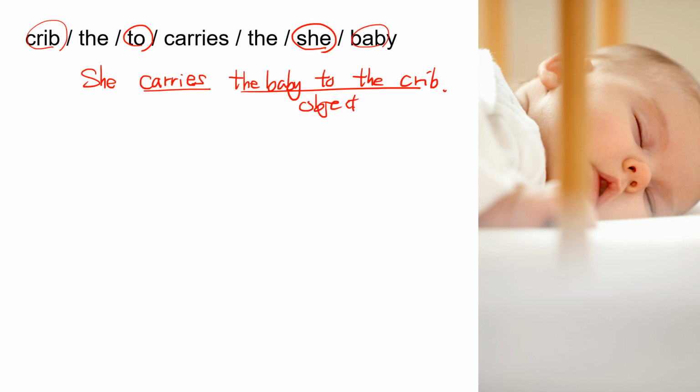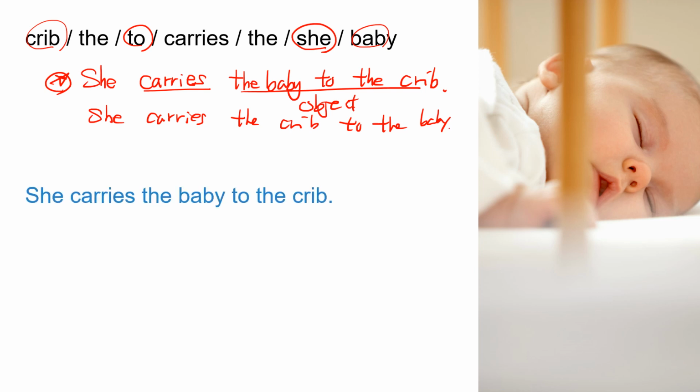So this one perfectly makes sense. But if you want to say she carries the crib to the baby, it's going to be okay, but this one makes more sense.